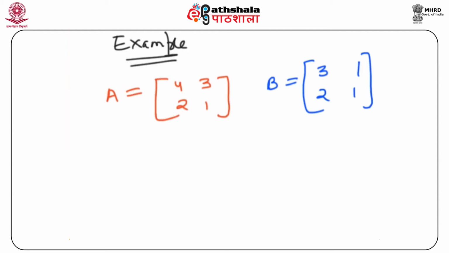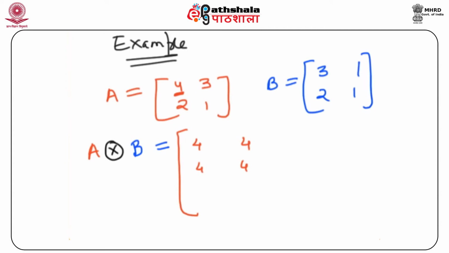In this case, the direct product of A with B will be given by the following. We take the first element of A, from the first row and first column, and write it at these 4 places.